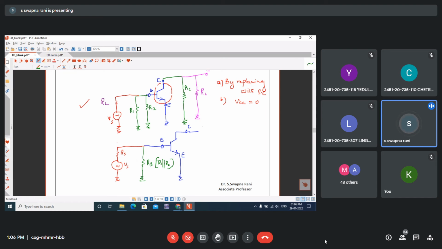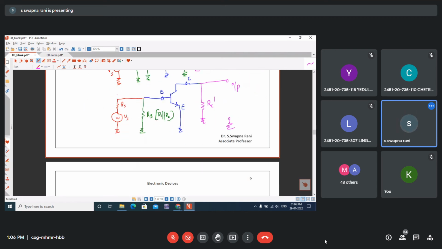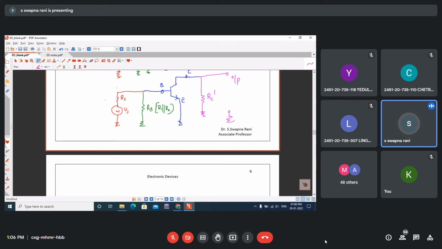Here also, instead of the two parallel resistors RC and RL, I will replace them with a single resistor RC dash. This is a further simplification.